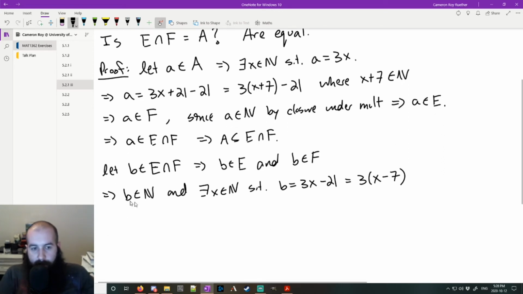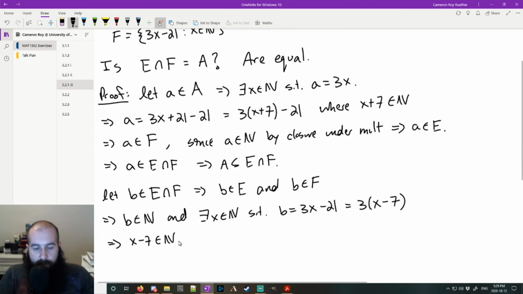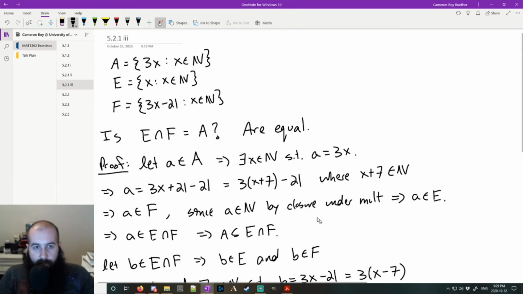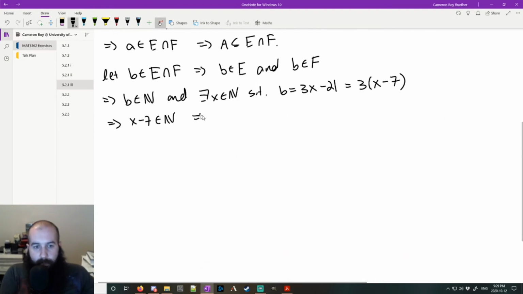And now since we know that B is natural and that 3 is natural, x minus 7 must also be natural. So x minus 7 is natural, and therefore we have that the element B is 3 times a natural number, which is sufficient to belong to A. So this means that B is in A.